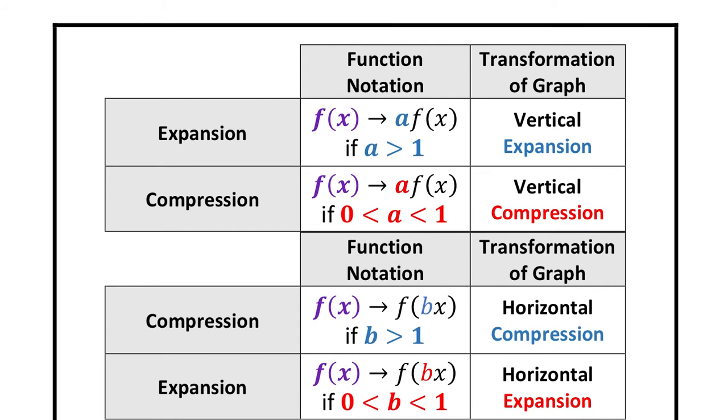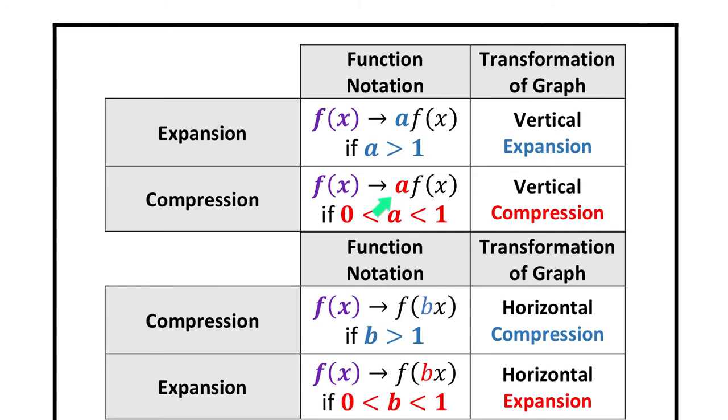Now, what's the difference between the blue and the red? It says that the blue has to be greater than 1. If the number in front of the function is greater than 1, like 2, 3, 4, there's vertical expansion happening.